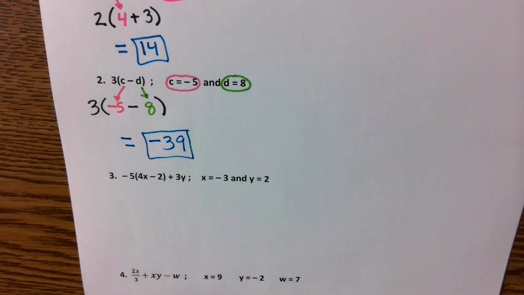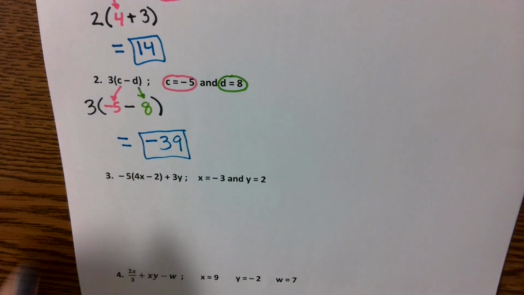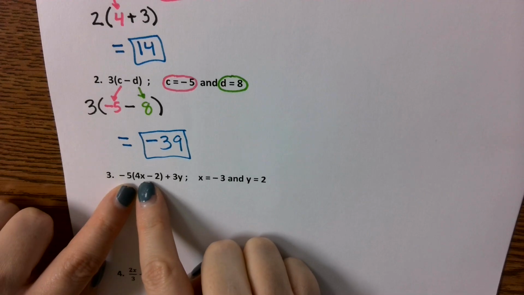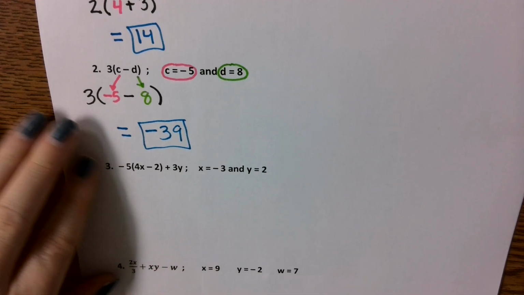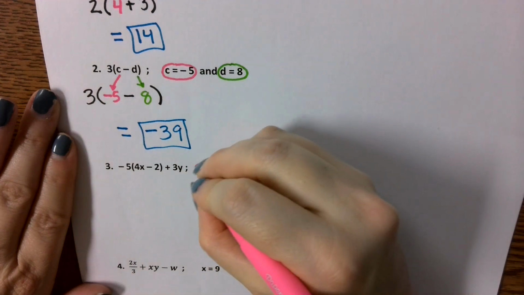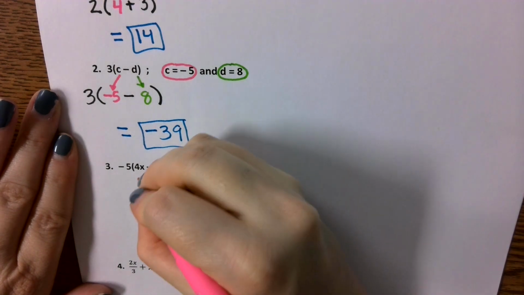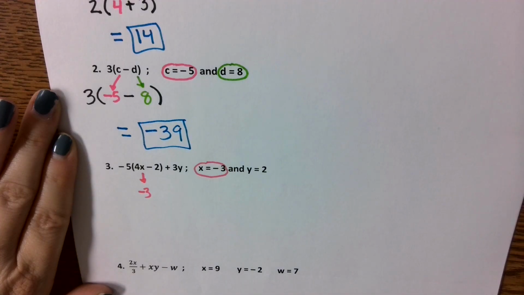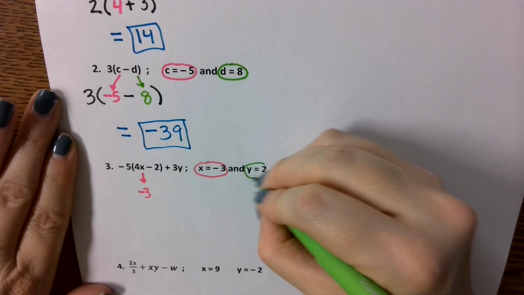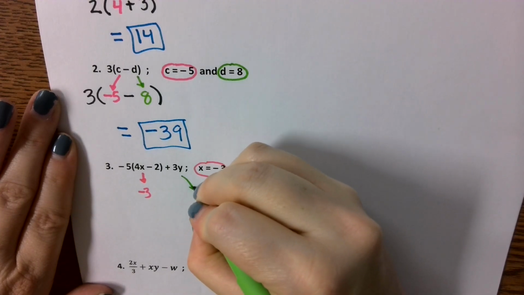Okay, I want you guys to do number 3 and 4 on your own. Do problems 3 and 4 on your own. Okay, so we have negative 5 times the quantity of 4x minus 2, close the quantities, and then plus 3y. So we're substituting our x as a negative 3, and we are substituting our y as a positive 2.